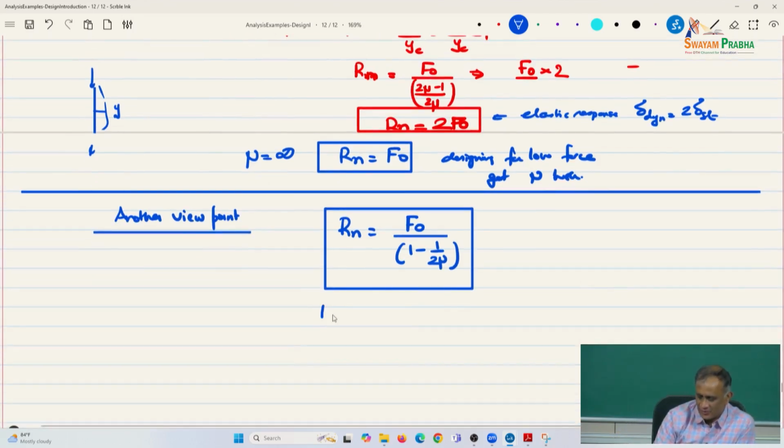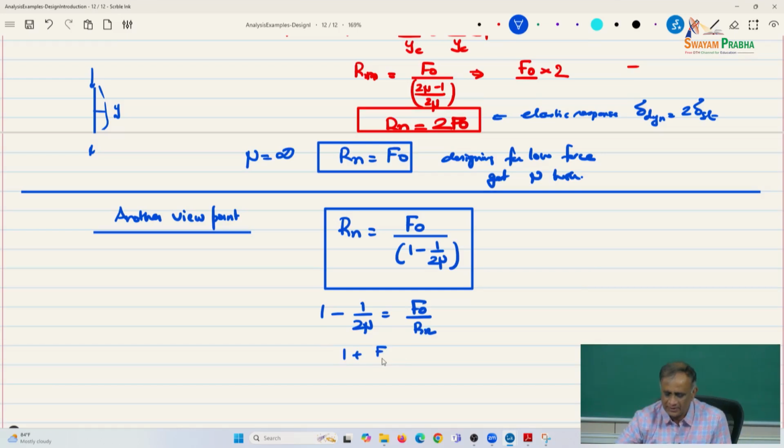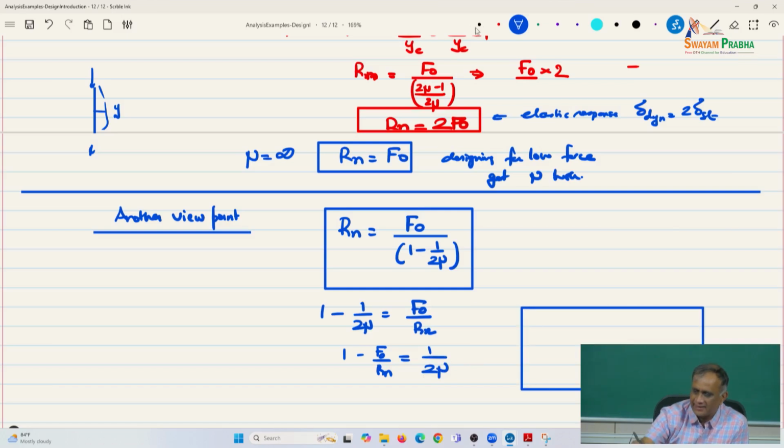So I can write 1 minus 1 over 2 mu is F0 by Rn, or 1 minus F0 by Rn is equal to 1 by 2 mu.